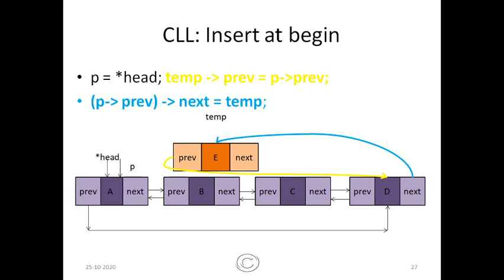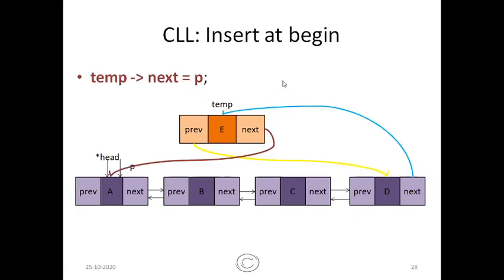And the first yellow mark line, the link has been established. Since temp will be the start node, its previous node will be the last node. So P previous, that is D's address, will be the address of temp's previous. This yellow mark statement. So those two links have been established.